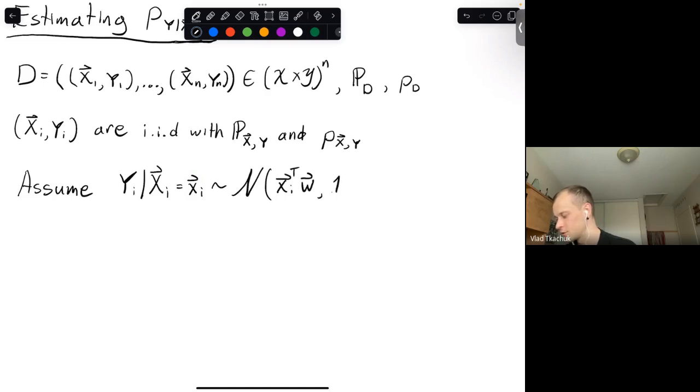Then this thing's still assumed to be 1. So this is most of the time assumed directly in the linear regression setting: the conditional distribution of y given x follows a normal distribution where the variance is fixed to 1, but the mean is a linear function of some parameter w and of x.